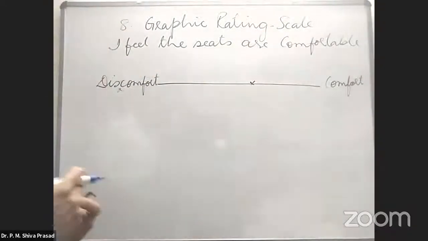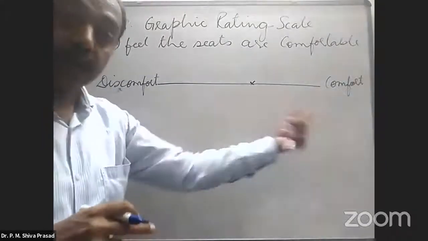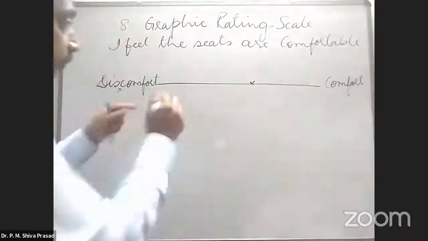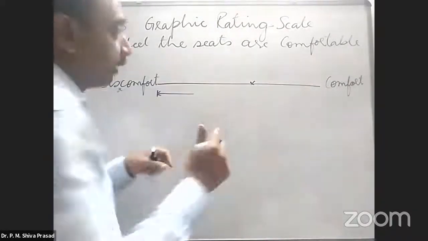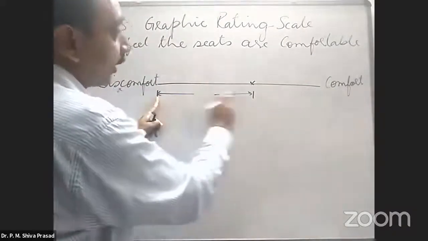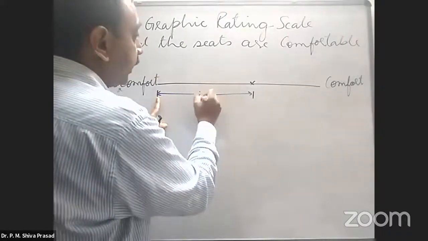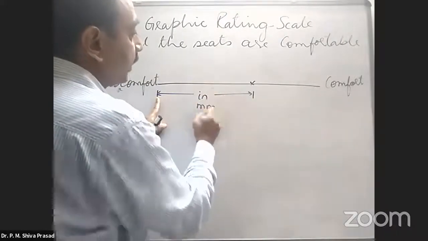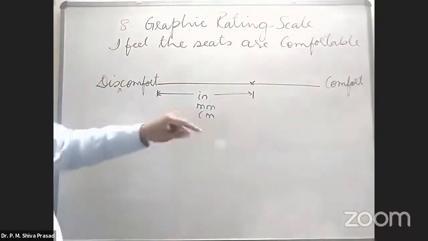Then what do we do? How do we convert this marking into a number so that we can use statistics? We use a scale to measure from the start point to the respondent's mark, probably in inches or millimeters or centimeters. We measure it and then decide, okay, so much.